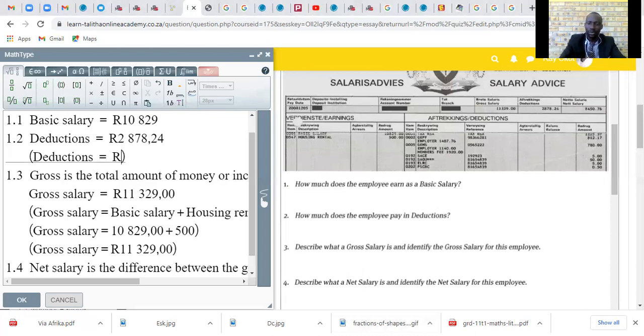1,225.57. Now we would have to add this deduction to this other description here, GEPF, which is given by 812.17.